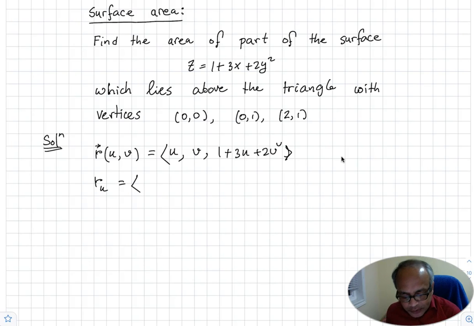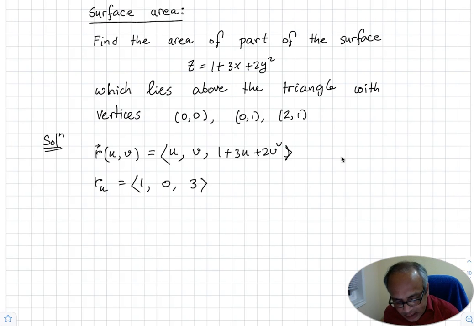The first component is u. If we differentiate with respect to u, keeping everything else constant, it will be 1. The second component is v, which is a constant with respect to u, so it will be 0. The third component is 1 plus 3u plus 2v squared, so its derivative will be 3.